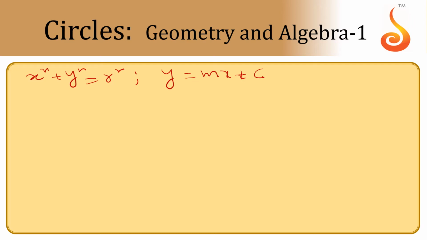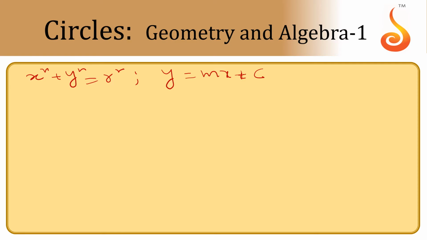Suppose the circle is there in the plane and that line is also there in the plane. So x square plus y square equals r square means (x, y) is an arbitrary point on that circle. Similarly, for y equals mx plus c, (x, y) is an arbitrary point on the line.